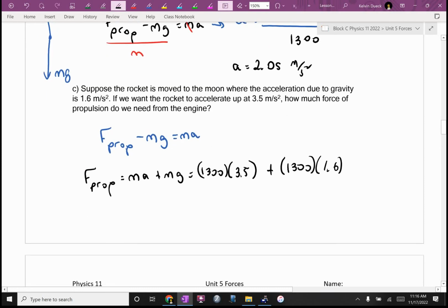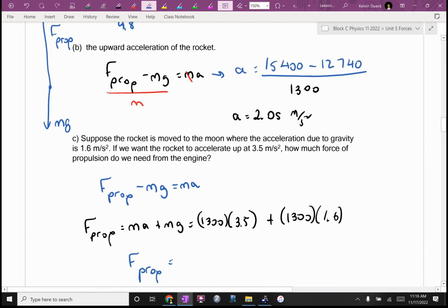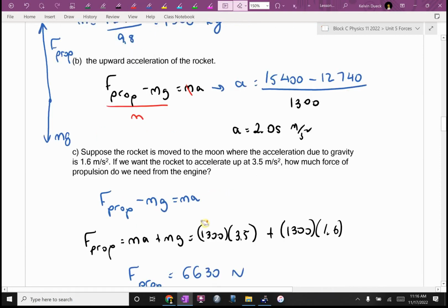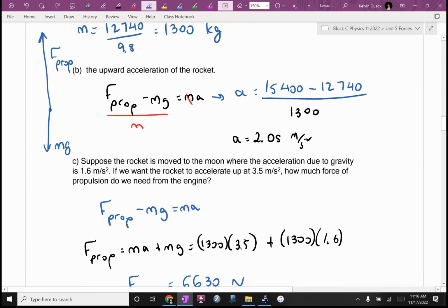How much propulsion do you need? Kelly, would you? 6,630. You'll notice way less than the 15,400.